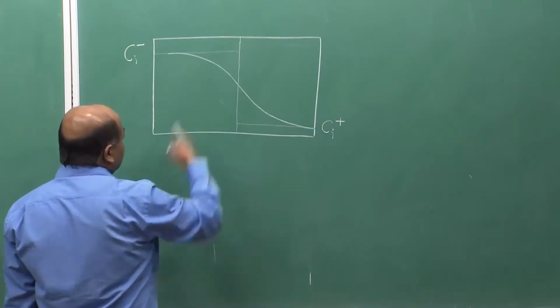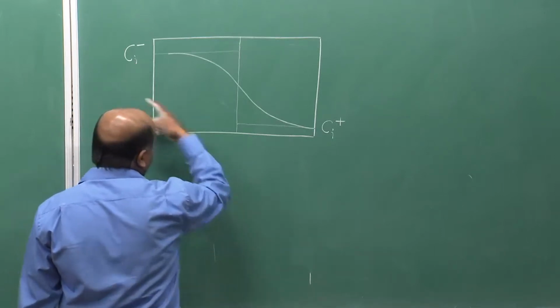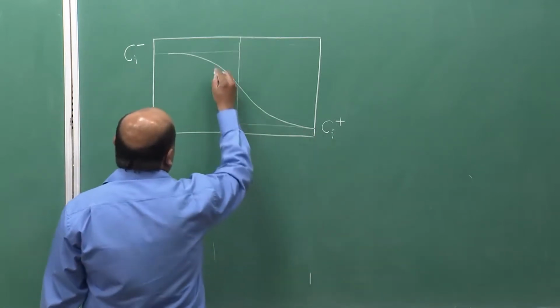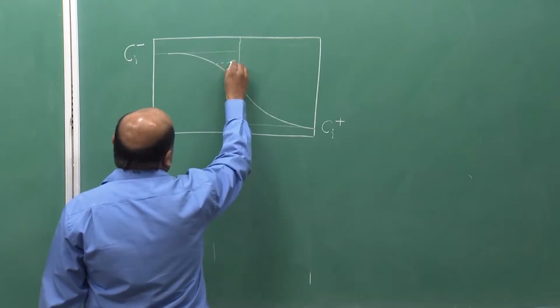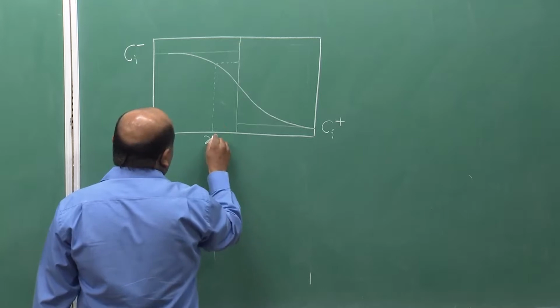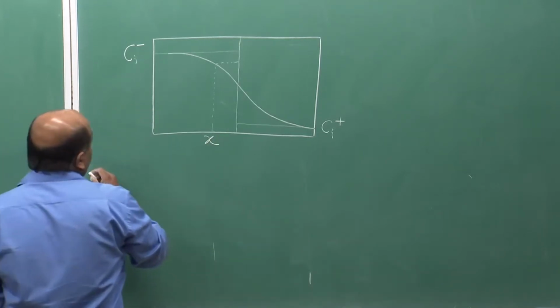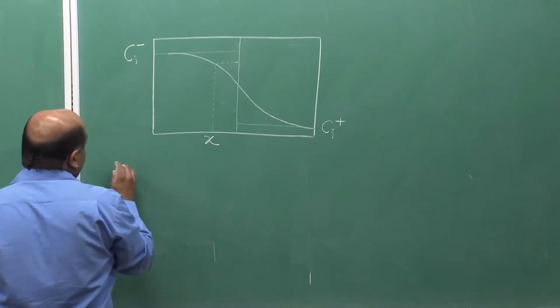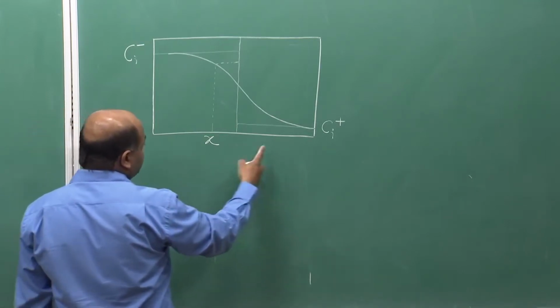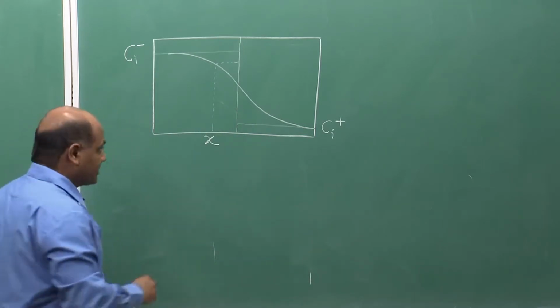So, again consider this concentration profile, C_i minus is the concentration in the left terminal alloy, C_i plus is the concentration in the right terminal alloy, and suppose we want to determine the flux at point x. So if we integrate from the right instead of the left, what happens?